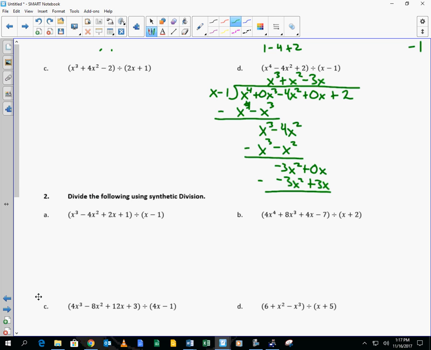What do we get there? Negative 3x. I'm out of room, so I'm going to carry up here. Negative 3x plus 2. What do you multiply x by to get negative 3x? Negative 3. And I subtract those.